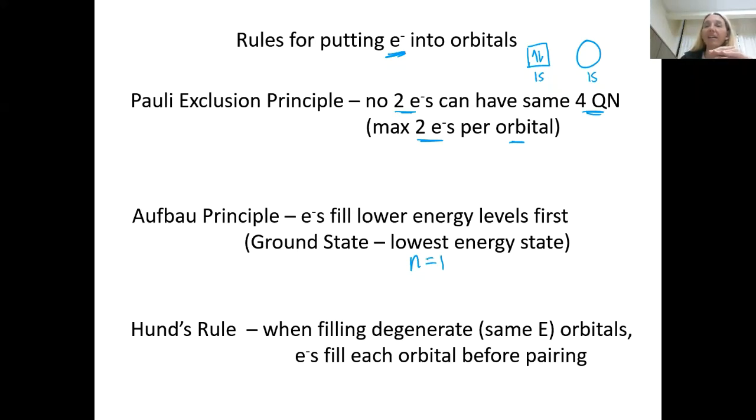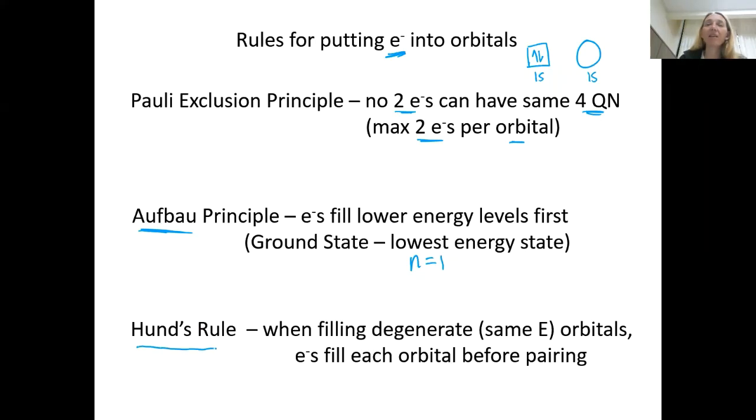And then after that ground state, it's going to fill n equals 2, n equals 3, etc. Okay, so we want those electrons to fill the lowest energy levels first. This word right here, Aufbau, is German for building up. And so it's saying, okay, you got to fill the lower energy levels first.